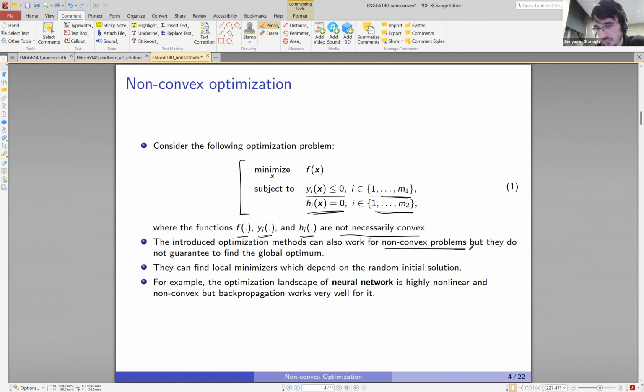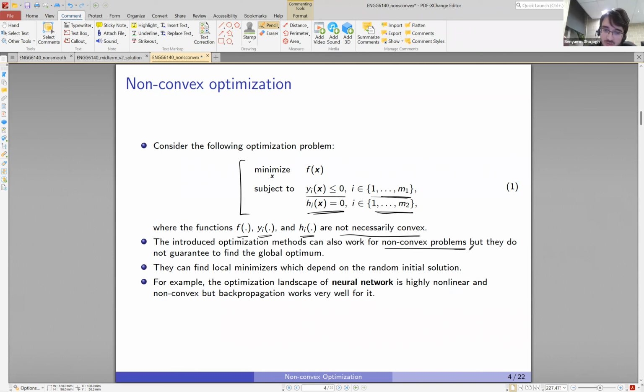So for example, in machine learning and signal processing, I can say that they work almost well. And the reason, for example, for neural networks, I will tell you, I think in the next slide, why they usually work well. Because in a nutshell, in many problems such as machine learning, image processing, signal processing, usually the local minimums or maximums are good enough.